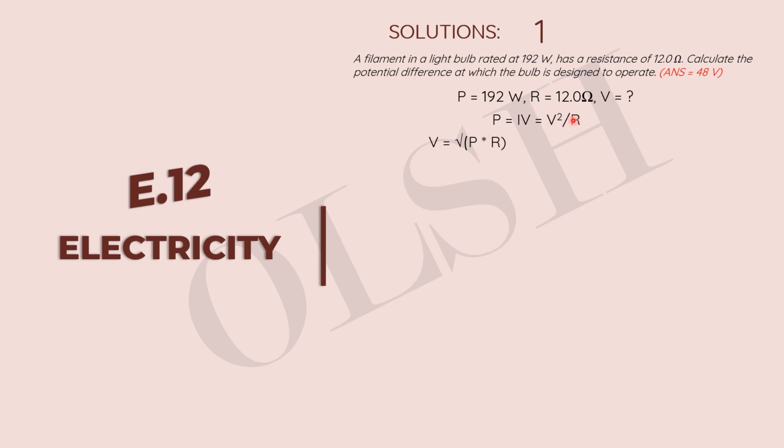If we make voltage the subject of the formula, we have V equal to the root of P times R. Simplifying this, we have the root of 192 watts times 12 ohms, which gives us 48.